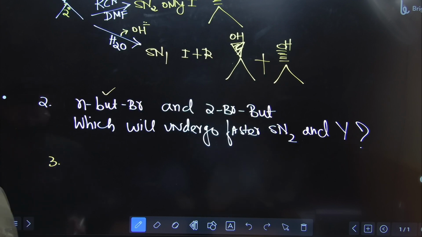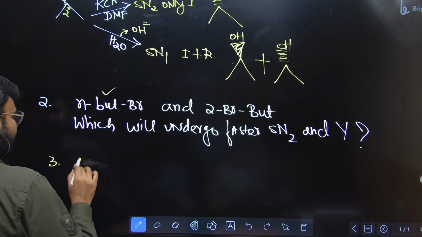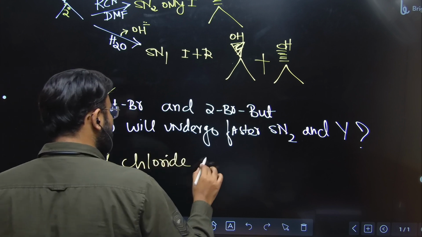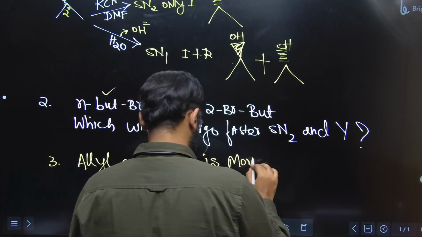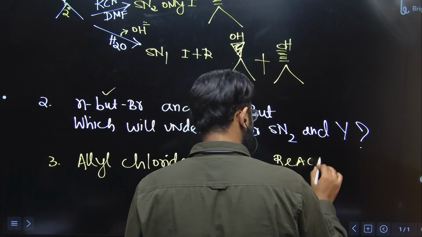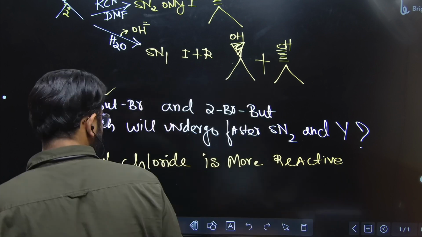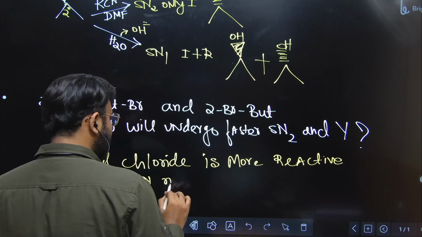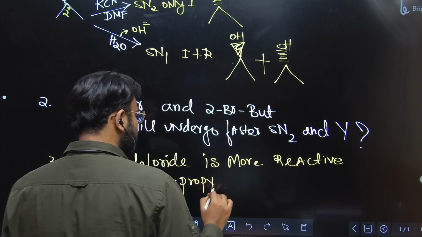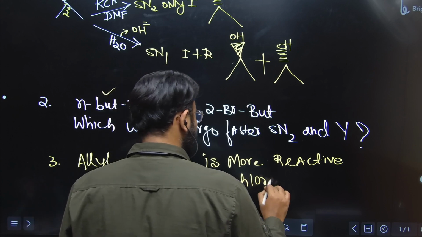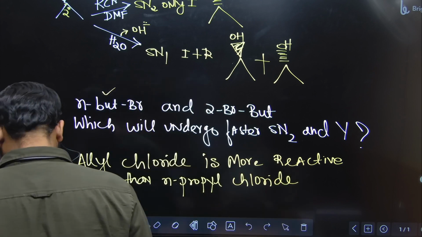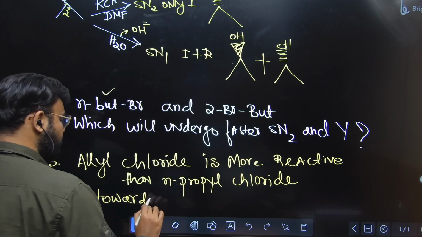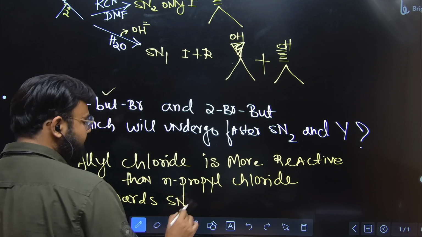Guys, question number three now. Allyl chloride is more reactive than n-propyl chloride towards SN reaction.